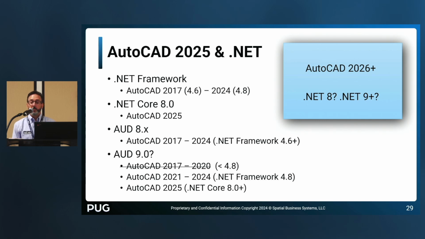So AutoCAD 2026 and on, after .NET 8, .NET 9, these are all possibilities. Best we can tell so far, the compatibility is not too bad. I don't suspect that the changes we're seeing in this shift from Framework to Core will be repeating themselves.